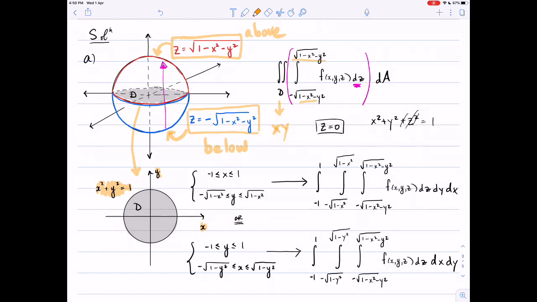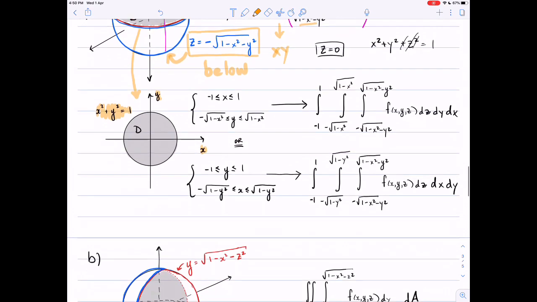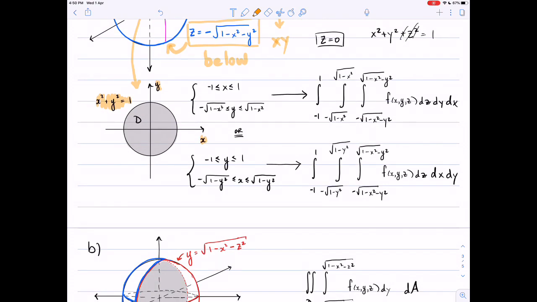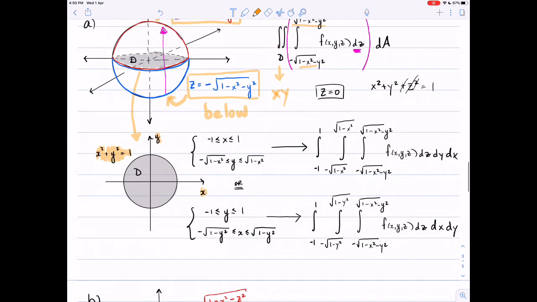There's the inner integral. Then step 2 is to set up the outer integral with respect to our region D, and that's what we're going to do here.